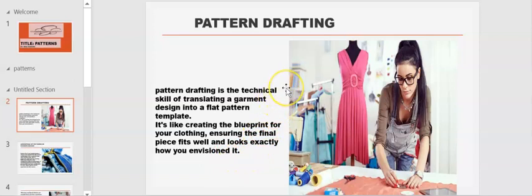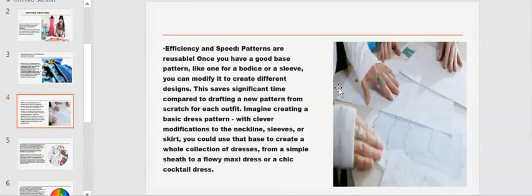So technically, pattern drafting is something like a blueprint that gives you that picture of what you intended for your cloth, or for your design to be, so that it can fit well according to your size.